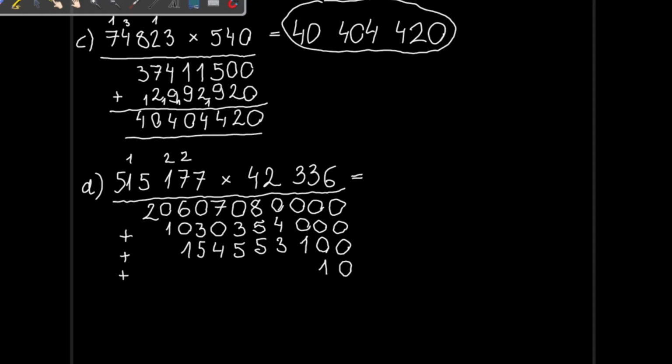So this will be 1, this will be 3, this will be 5, this will be also 5, 4, 5, 1. As you can see, each row is getting shorter by 1 digit. Alright, this saved us some time.